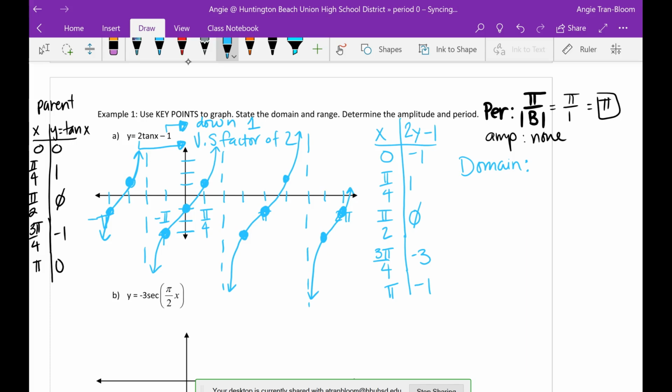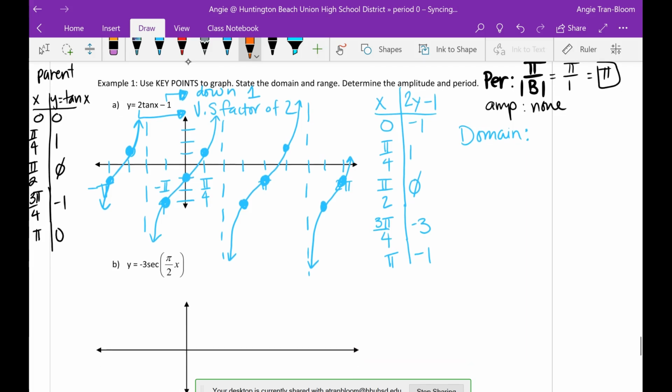Where's your first asymptote at? Devin, see? First asymptote. What do you see? First asymptote. You can talk to your team if you must. First asymptote. Where is it at? Pi over 2. Okay, here's first asymptote.